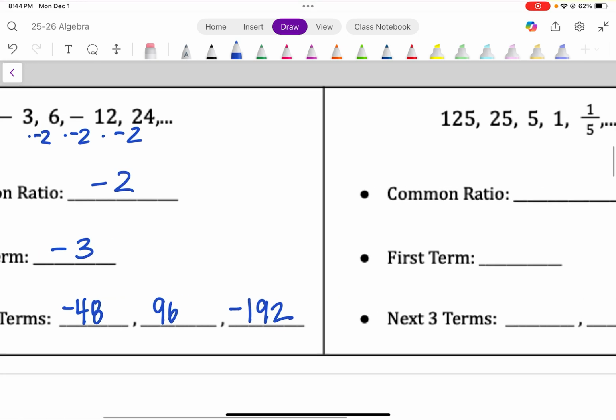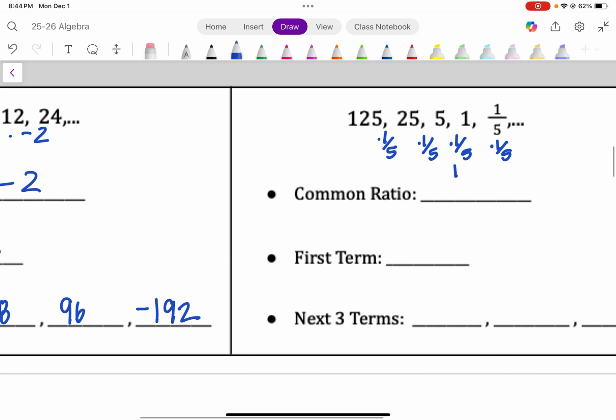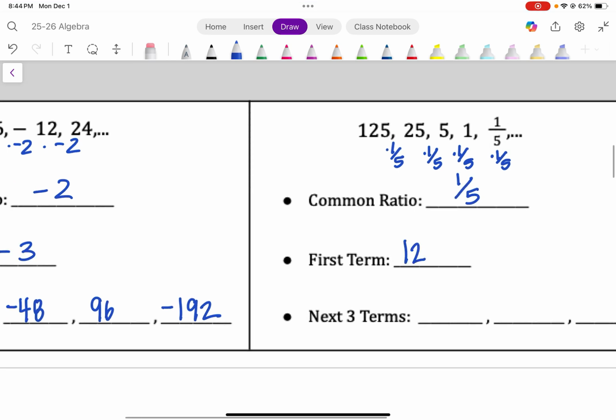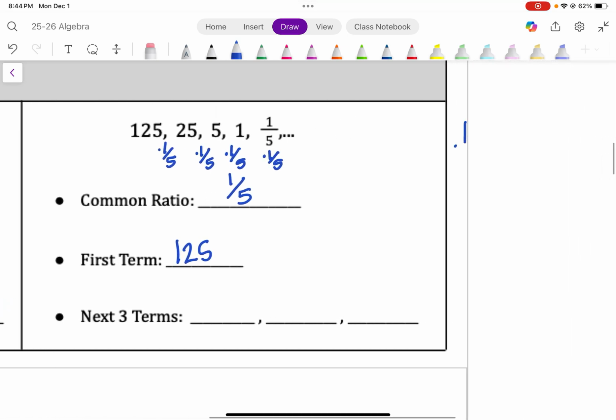Now on the next one, these numbers are getting smaller and it feels like division, but we're actually multiplying by 1/5. So if it feels like you're dividing by 5, you're actually multiplying by its reciprocal. So our common ratio here is 1/5. Our first term is 125. And these numbers get small, so we go from 1/5 times another 1/5, giving me 1/25.